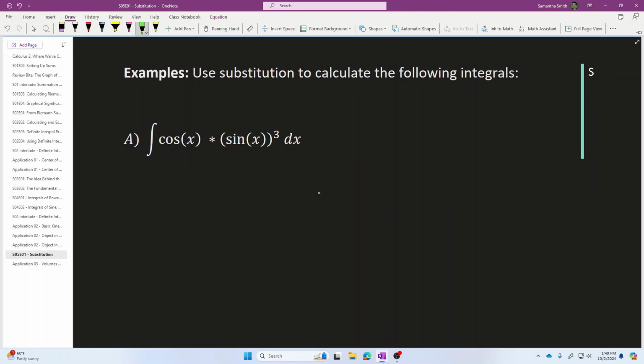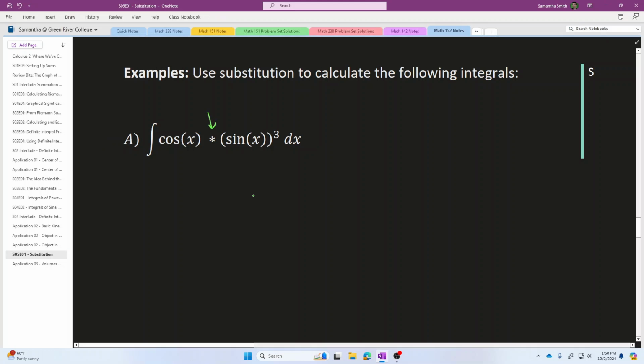Okay, so let's go ahead and use the method of substitution to calculate this integral, cosine of x times sine of x quantity cubed. First of all, let us understand why method of substitution would be used in this situation. My first cue is that I'm taking the integral of a product of two quantities.